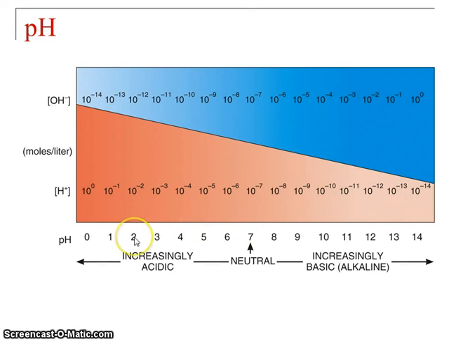So like a pH of 2 is really acidic. Stomach acid is pH of 2. It's got a lot of H+, less OH-. And then going the other way from neutral, if you take out the H+, if you add in more OH-, your pH increases, you become more basic.